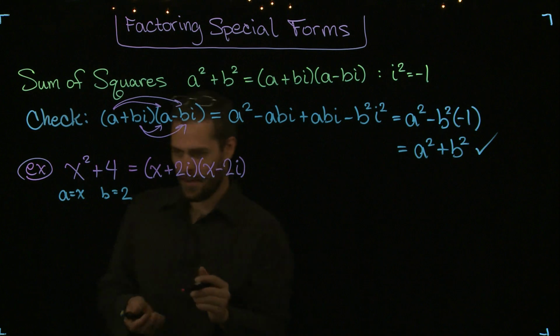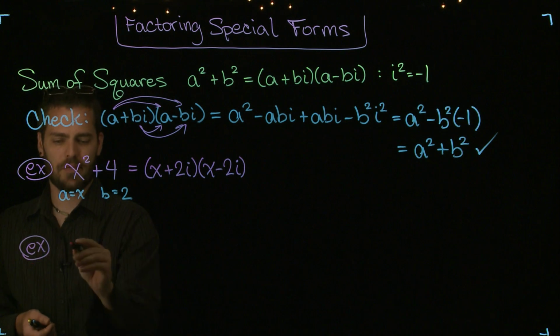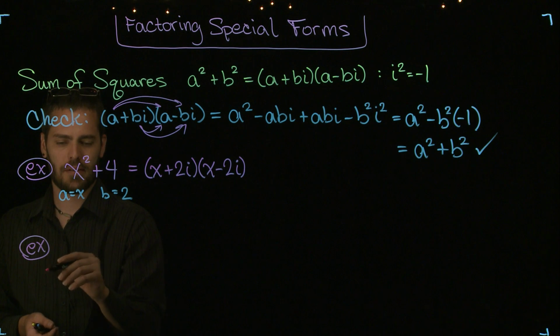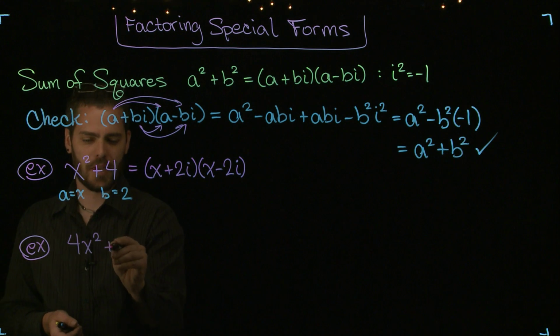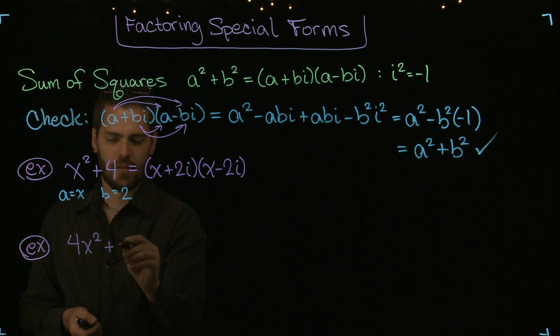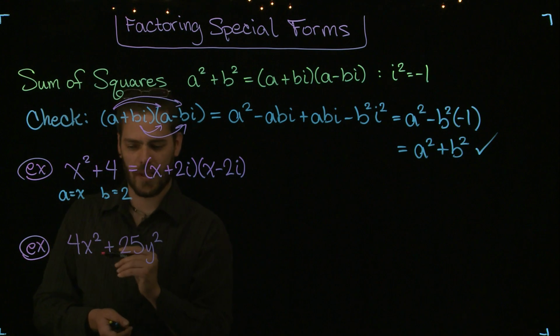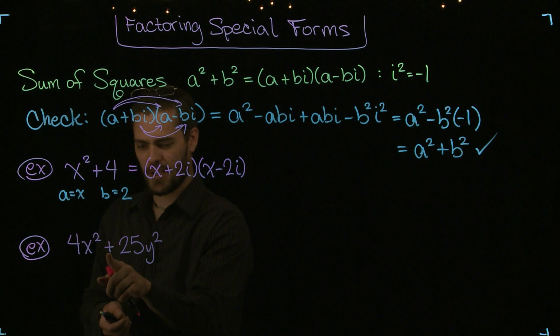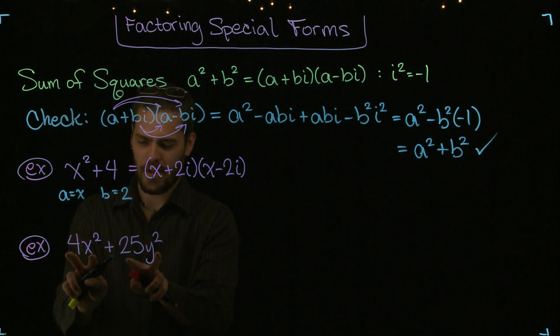Let's try another example. It's pretty simple stuff. How about, I don't know, 4x squared plus 25y squared. Indeed, we have a sum of two things. We just need to check and verify whether or not these are squares.